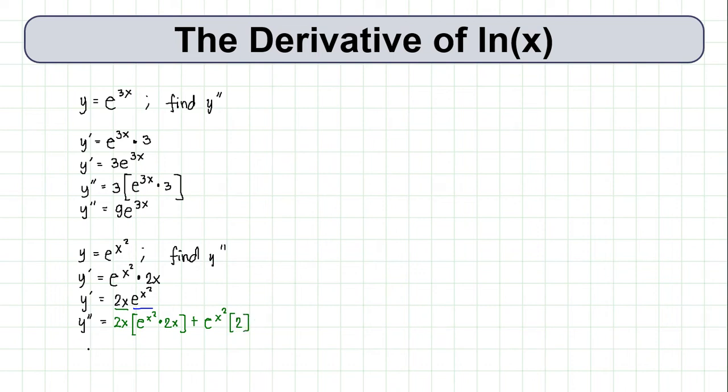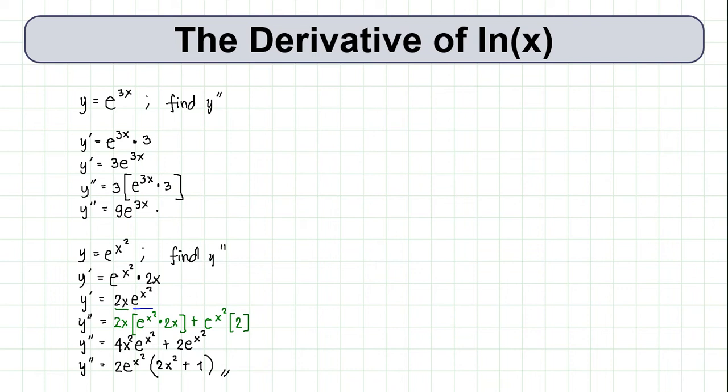Simplify natin ha. This will now become y double prime. So ito ay nagiging 4x squared e to the x squared plus ito ay 2 e to the x squared. Okay. So pwede pa nating i-factor out yung 2 e to the x squared. Therefore, y double prime is equal to 2 e to the x squared times this will be 2x squared plus 1.